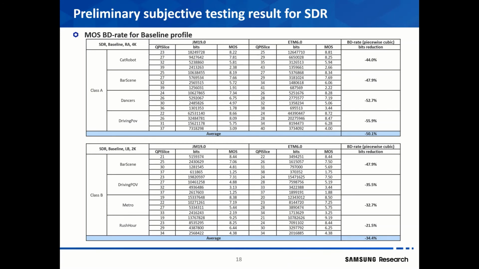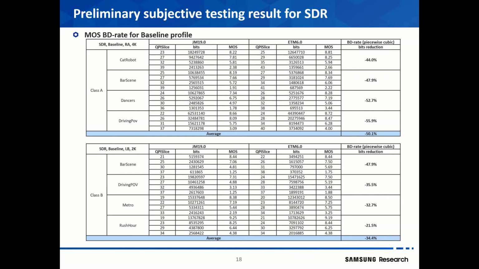These tables show the preliminary subjective coding performance of EVC baseline profile, which is compared to AVC. In order to calculate the bitrate saving, the average bitrate saving of EVC profile compared to AVC was computed from the MOS BD rate calculation.